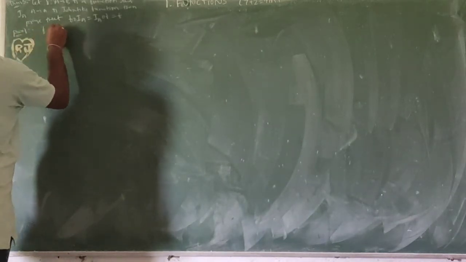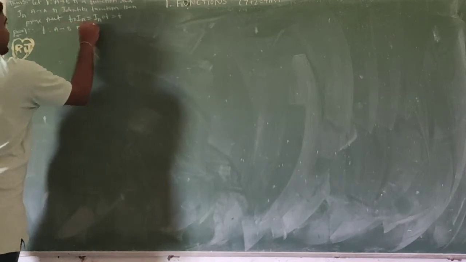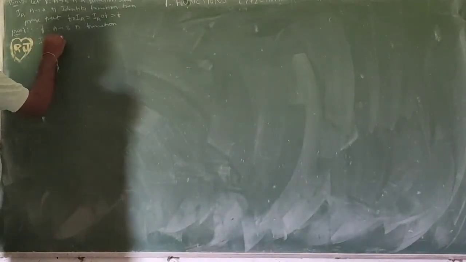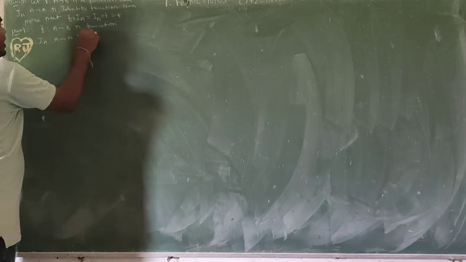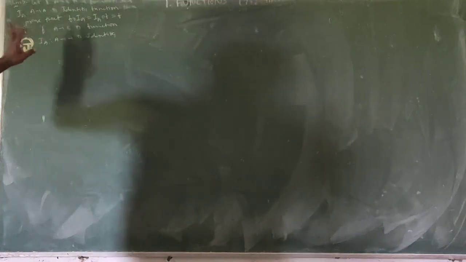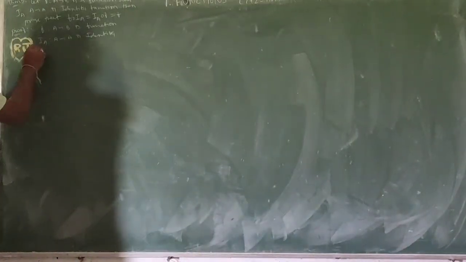First, f from A to B is a function. IA from A to A is the identity function. So f circle IA, I am taking f circle IA.